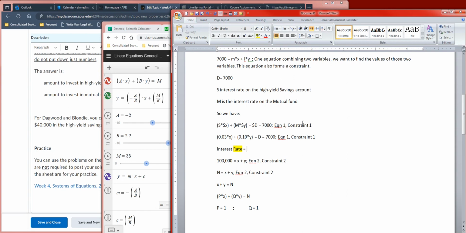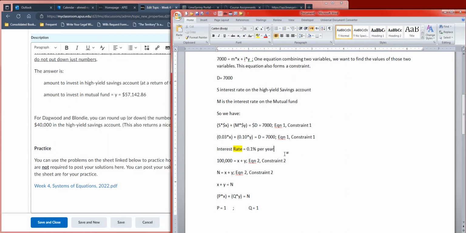But an interest rate may be quoted at a rate different than 1 year. Could be per quarter, per 6 months, per week, whatever, right? But here we have just been using per year as a matter of convenience.